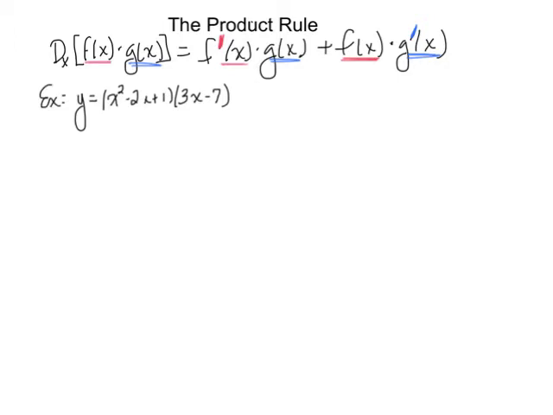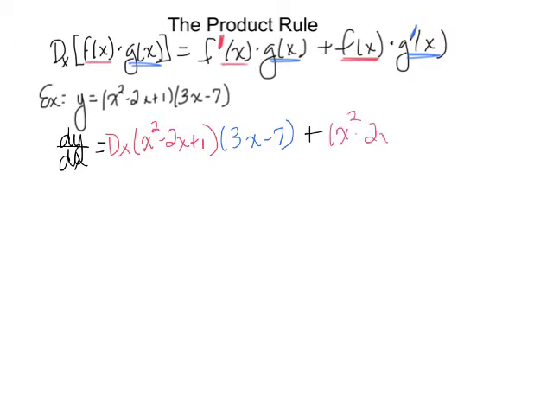So if we want the derivative of x squared minus 2x plus 1 times 3x minus 7, we can do the following. The derivative of y with respect to x is going to equal the derivative of x squared minus 2x plus 1 times 3x minus 7, plus x squared minus 2x plus 1 times the derivative of 3x minus 7.